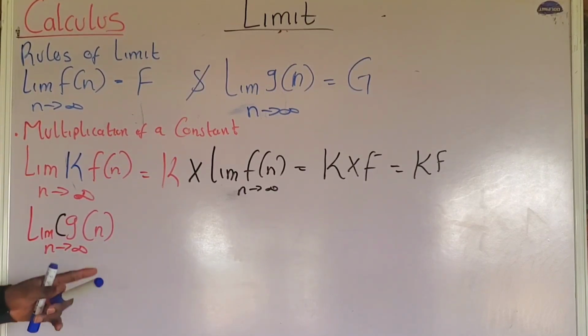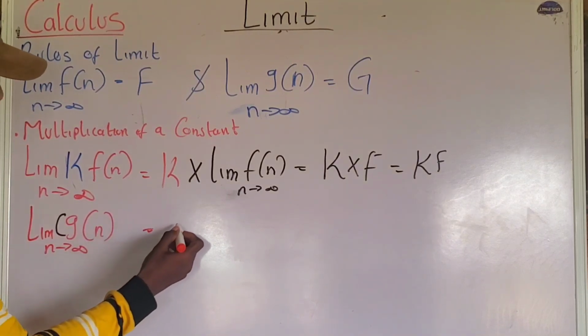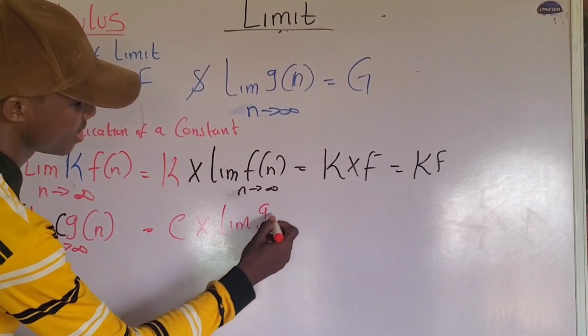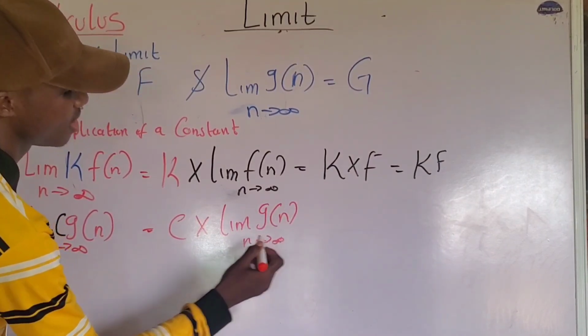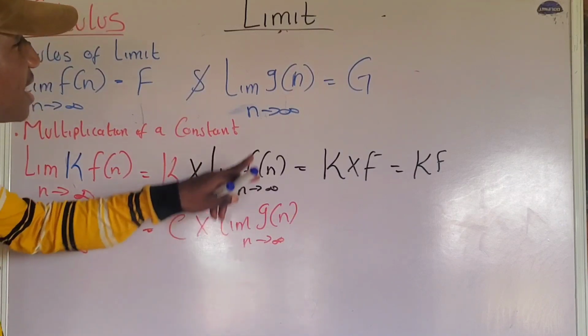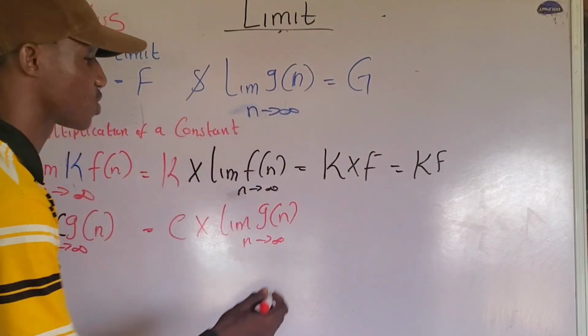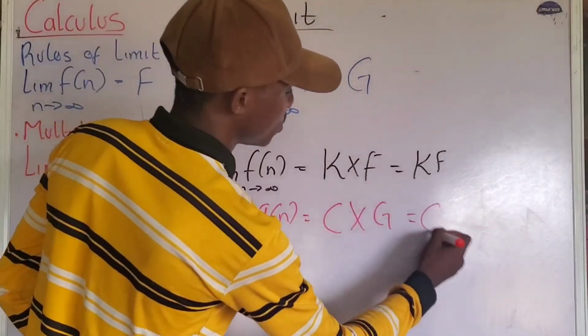Let's say you have to take the limit of a function that looks like this, with a constant c. What will be the limit? Quickly solve that question. The limit will be c multiplied by, now, because I've already said let the limit of the function g(n) as n tends to infinity equal g, I'm going to have c multiplied by g, which is cg.